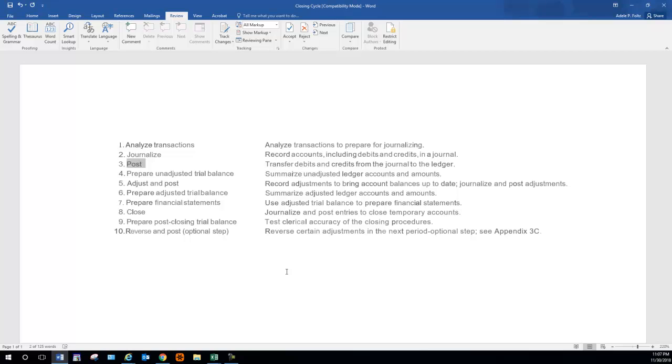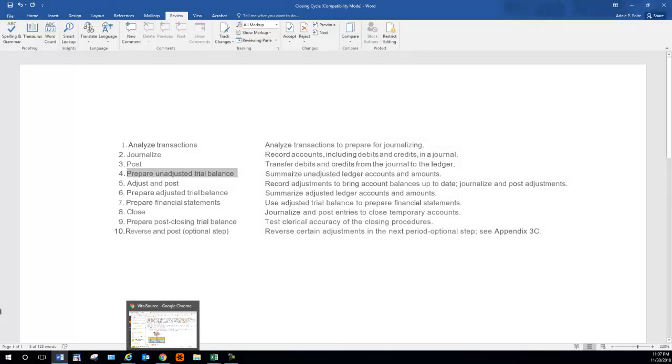And then you figured out what your ending balance was in the account. The ending balances were then brought forward in Part A to your unadjusted trial balance. That was the ending part of Part A.